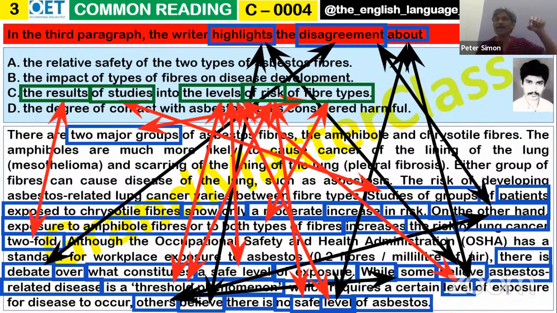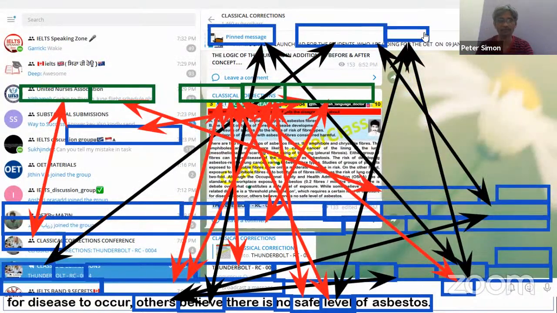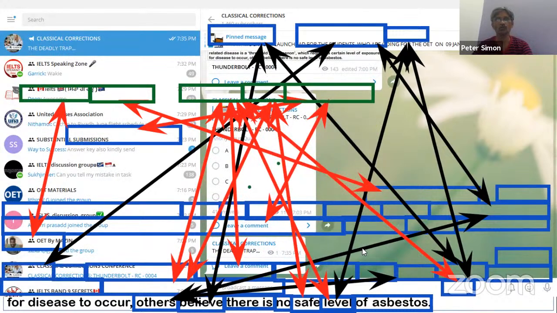Because the writer is highlighting what is important. The writer is highlighting is very, very important. The trap within is a very deadly trap. The deadly trap.